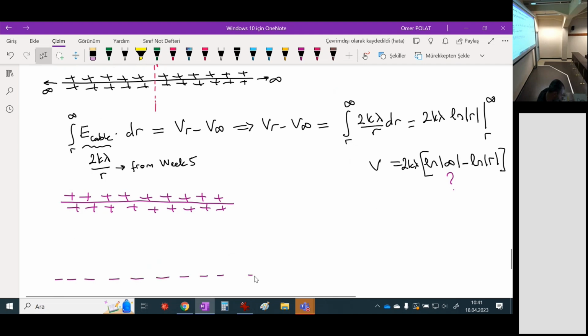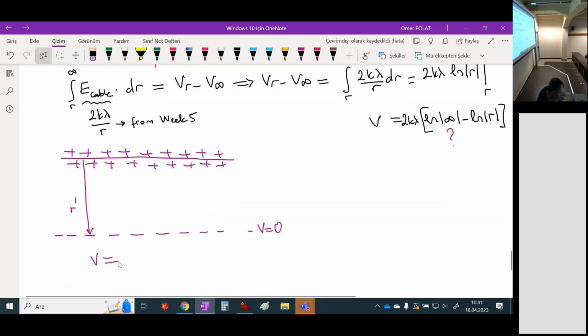For example, there is a position, let's say R prime. When I reach R prime, potential is already 0. So potential is decreasing to 0 at R prime. After R prime, potential is always 0. So you don't need to go to infinity, because this is the cable. One kilometer, maybe two kilometers away from the cable, it's already zero.